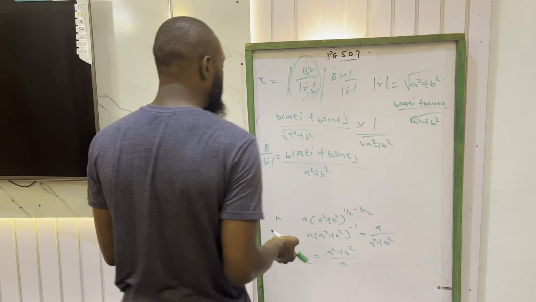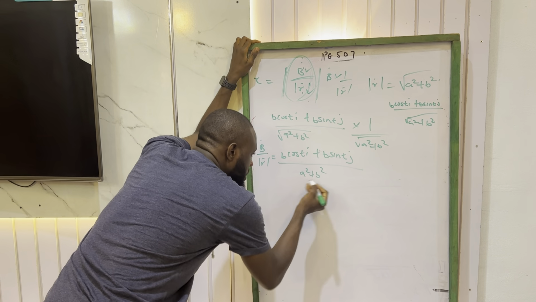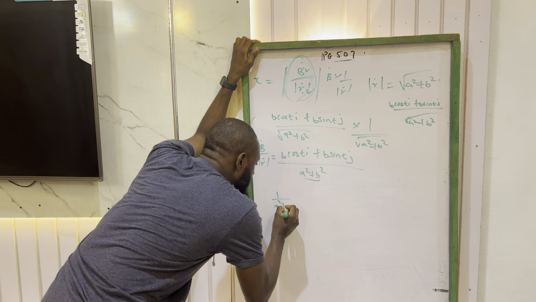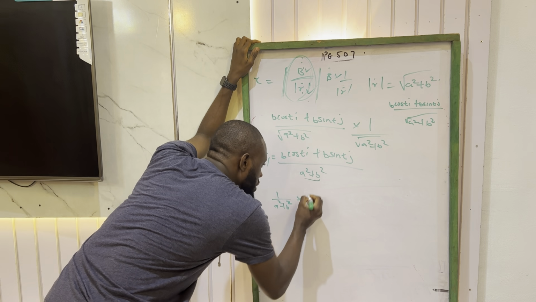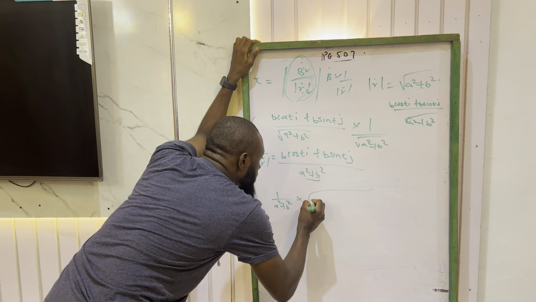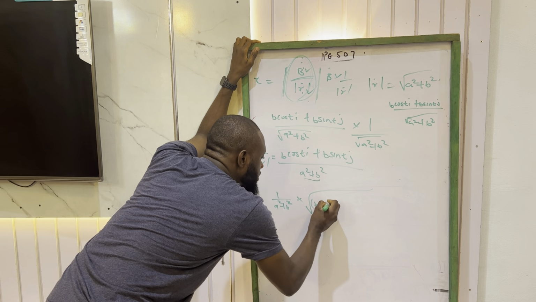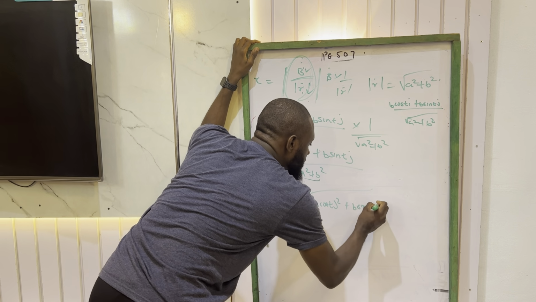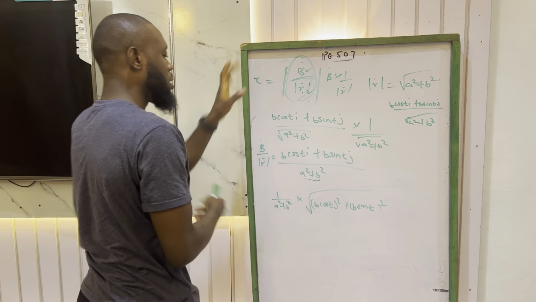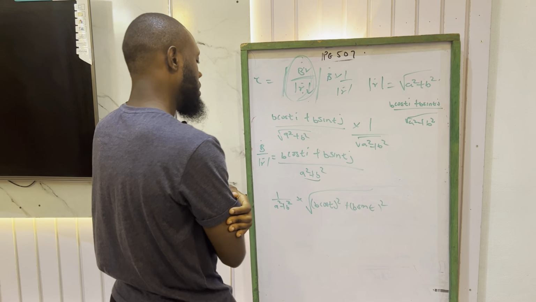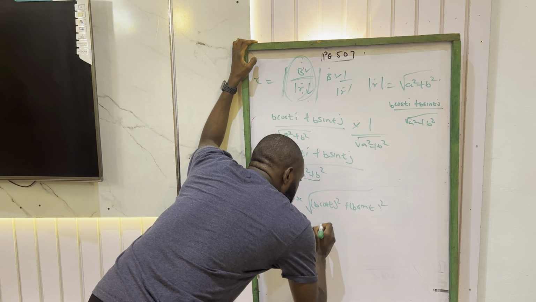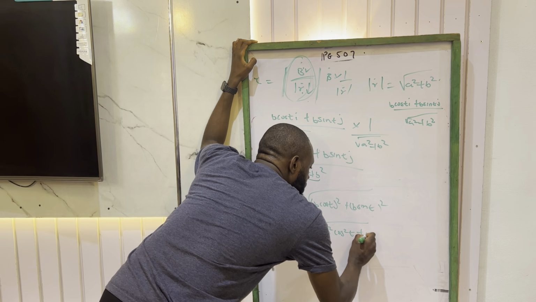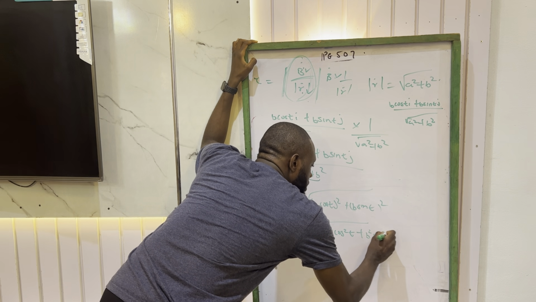Now to evaluate the magnitude, obviously this stays outside, so we have 1 over a squared plus b squared times the square root of b cos t all squared plus b sin t all squared. So this gives us the square root of b squared cos squared t plus b squared sin squared t.